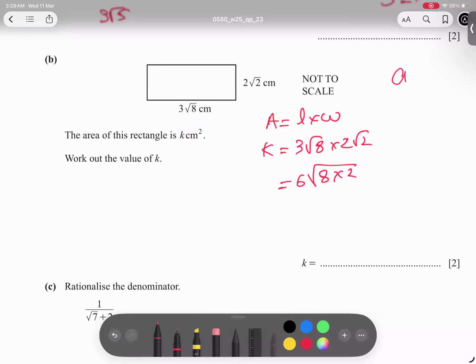By the indices property, a to the power n times b to the power n: if the power is the same, you can bring it together in the product and division, but plus we can't do. So I got 16 inside. Root 16 is 4, you know it very well. And 4 sixes are 24. I hope the K value is very clear.